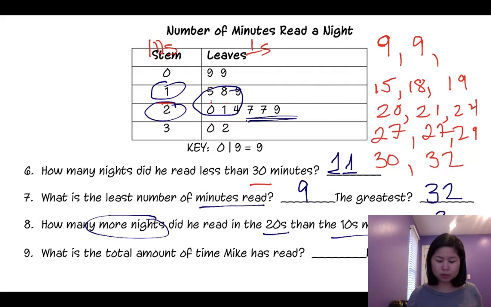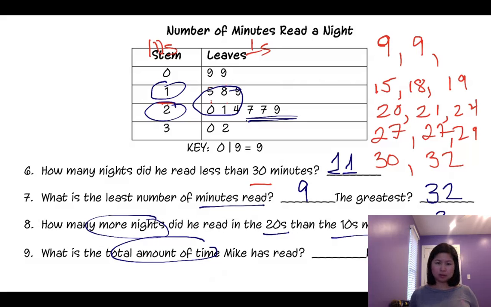What is the total amount of time that he has read? If we want to find the total amount of time, what should I do to find that? Anyone want to guess? Here's something for the ones who are not responding.